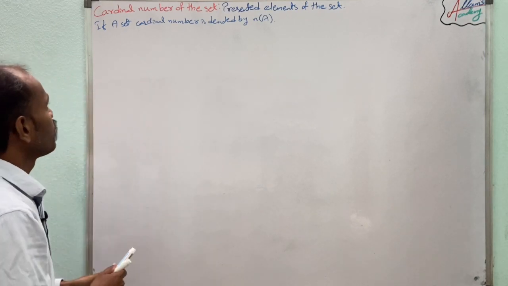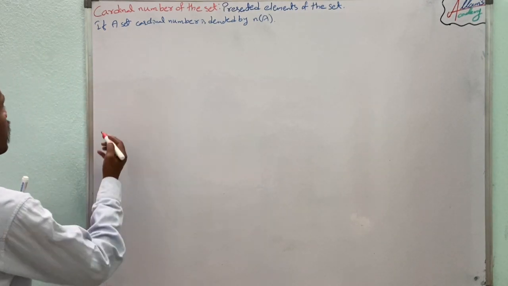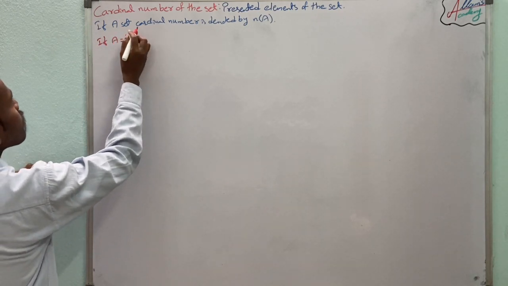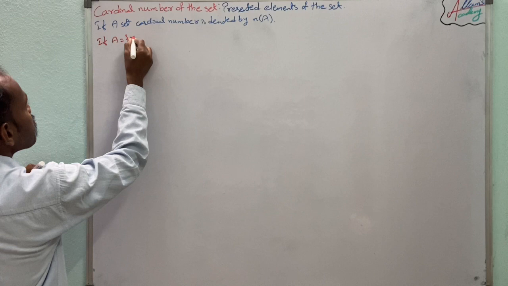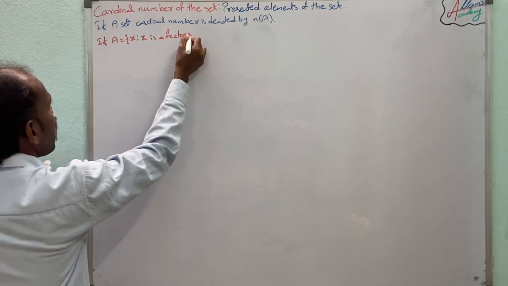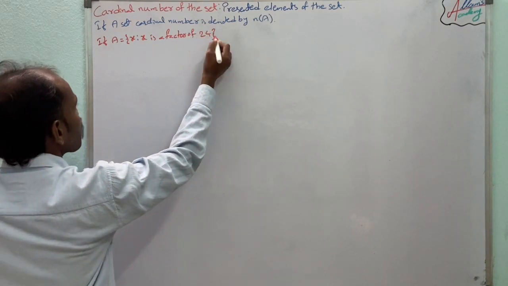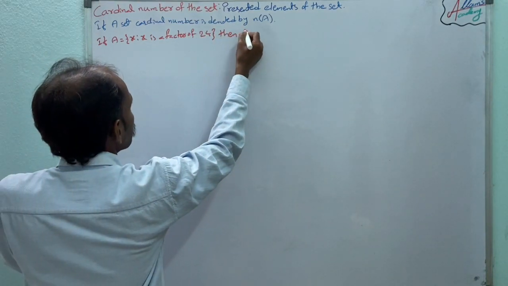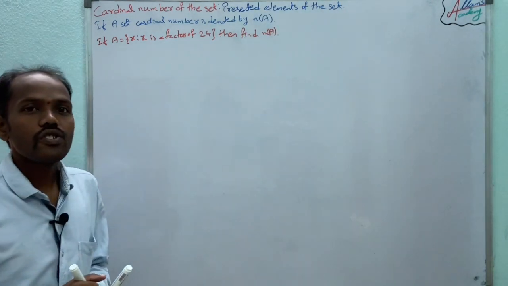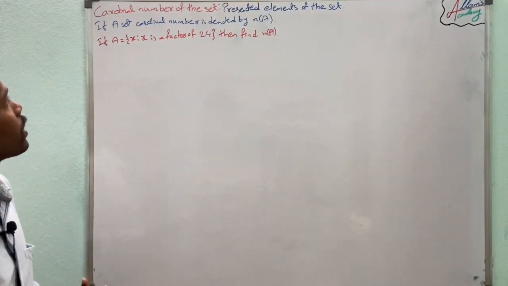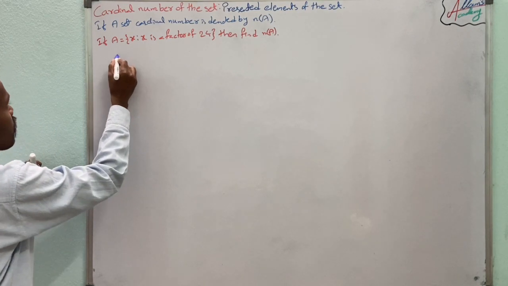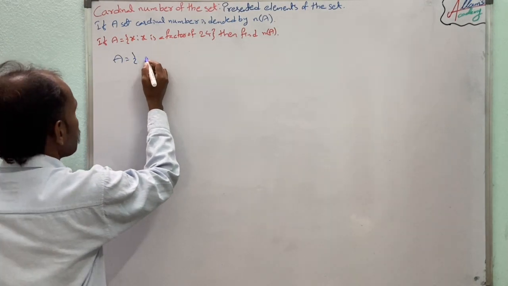For example, we see a problem: if the set A is {x such that x is a factor of 24}, then find n(A). Here the given problem is in set builder form. X is a factor of 24, so we write the factors of 24.